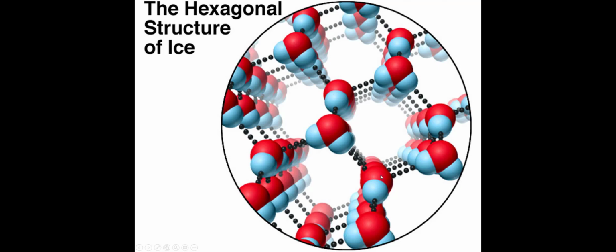So there's a hexagon right there, and then here's another hexagon, and then another hexagon right there, and that pattern continues and continues. I would encourage you to go and do an internet search on snowflakes, and you'll see that the vast majority of snowflakes have a structure which contains 6 points and/or hexagons in them. And that is a consequence of the way that these molecules are attracted to each other.